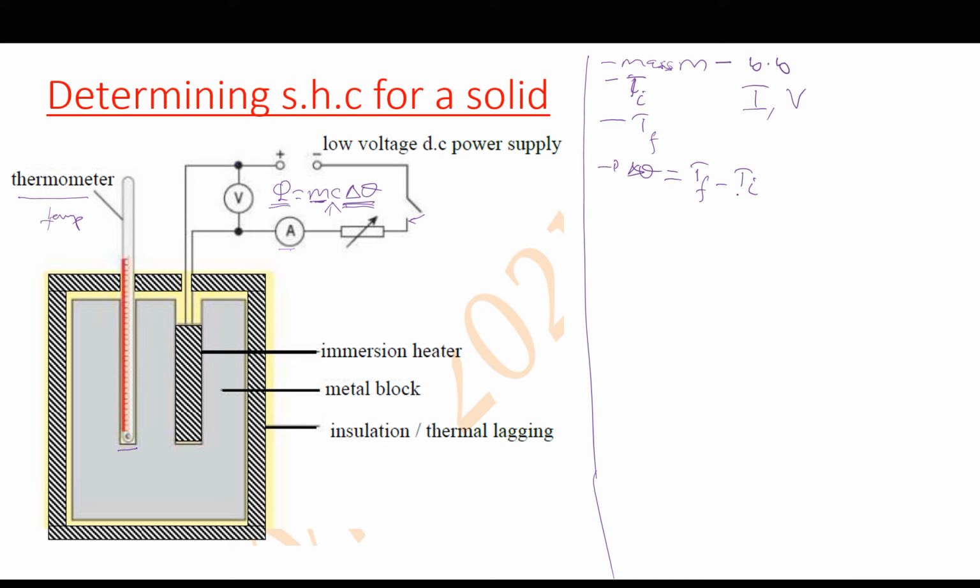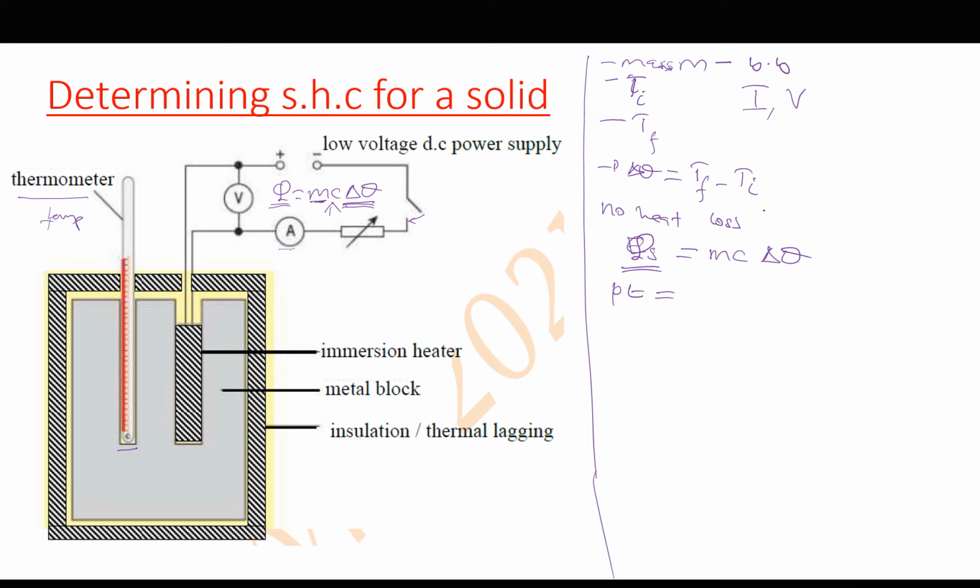So if we assume that there is no heat loss to the surrounding because of the insulation, the amount of heat supplied, which I will call ES or QS normally, is going to be the amount of heat which goes into raising the temperature of the substance, that is mc delta theta. But how is the amount of heat supplied given? This is given by power times time, because energy is power times time.